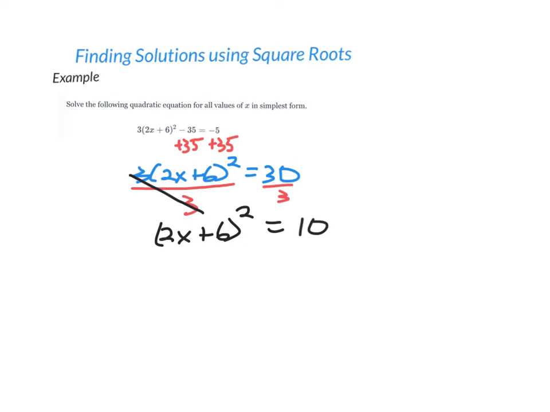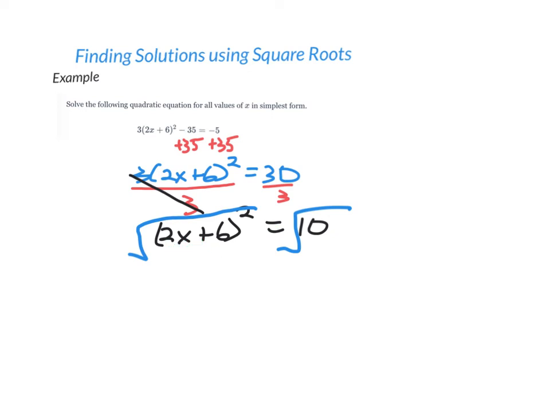So when we're working with an equation and the left side is something squared equals something, then we can do the opposite of squaring, which is to take the square root. So in this example, we're going to take the square root of both sides. Well, (2x + 6) squared is the same as saying (2x + 6) times (2x + 6).